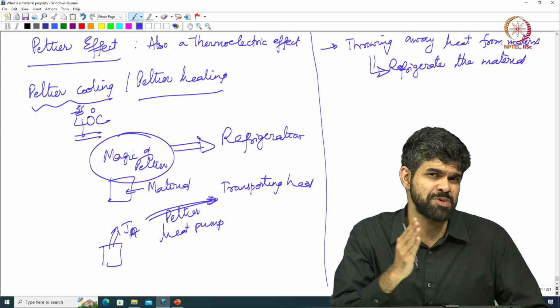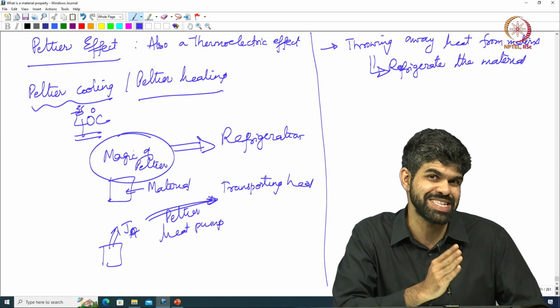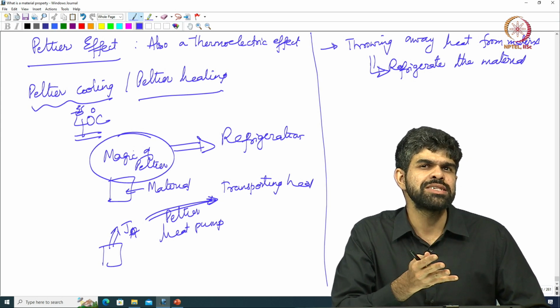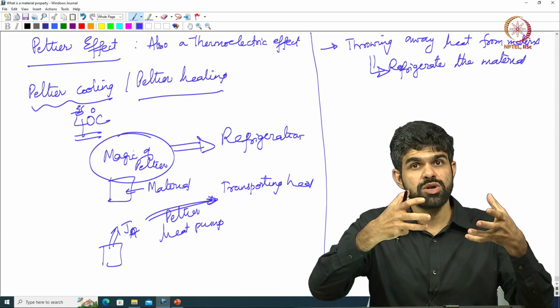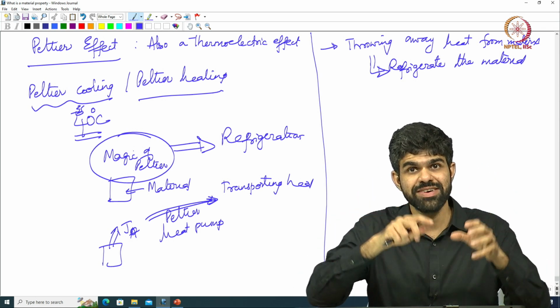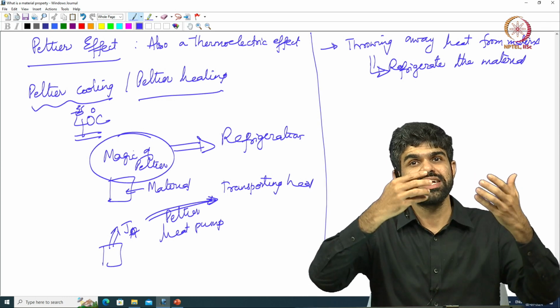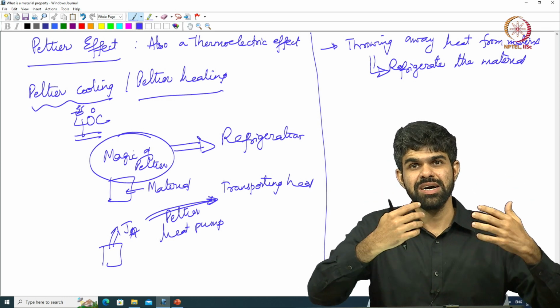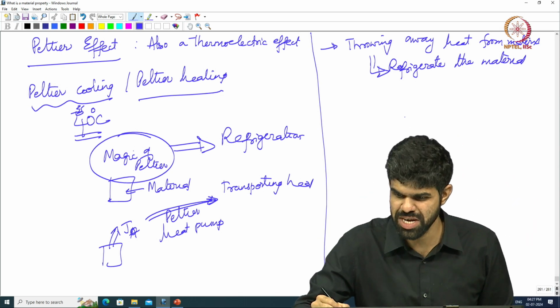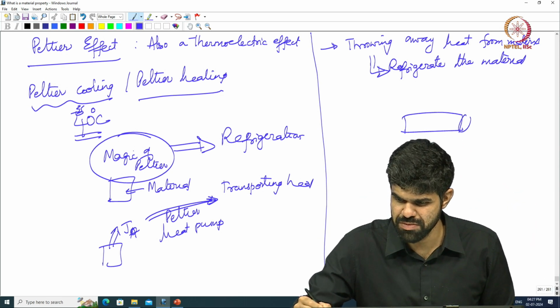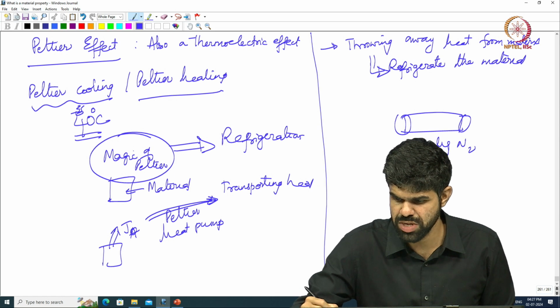If I just want to do experiments at 0 degrees Celsius, whereas my room temperature is 25 degrees Celsius, I don't want to put them in what are called cryostats, where I put in liquid nitrogen and transfer all my heat to the liquid nitrogen so as to cool the chamber. Typically I have some sort of a vacuum chamber where I flow some liquid nitrogen.